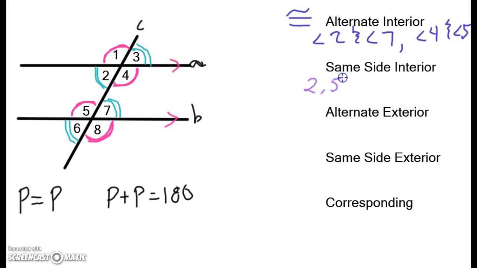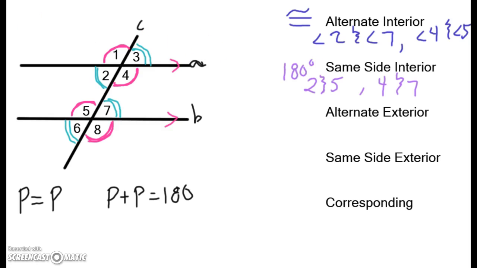Or we could be talking about 4 and 7. Now, if we look, 2 and 5 are different colors. One is blue and one is pink. So they're obviously not equal to each other. So same side interior angles have to make 180 degrees.